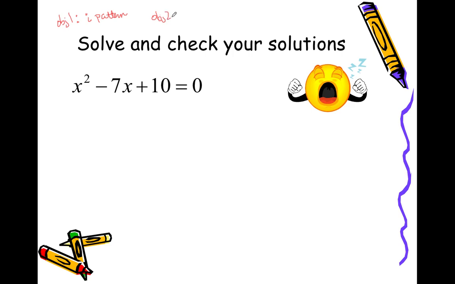Objective 2, use i squared and complex conjugates, or c squared, to get rid of i in denominators. Objective 3. Solve this random looking quadratic that has no i's in it and check your solution.